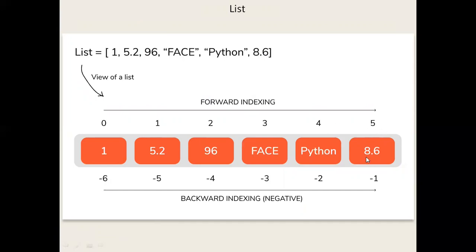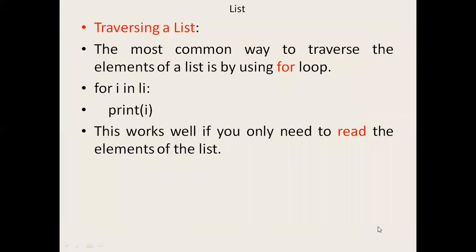The last element, which is the sixth element, has index 5. We can also access using negative indices. If I say -1, that will represent the last element, 8.6. -2 represents Python. Like that, from the end of the list we can come to the beginning using the negative indices. This is how we will access elements of the list.